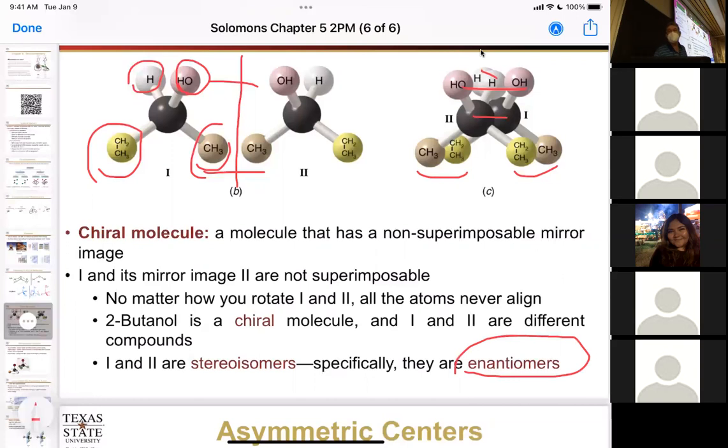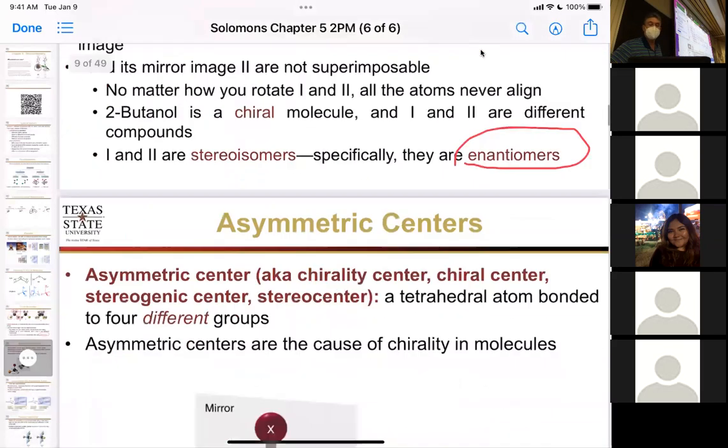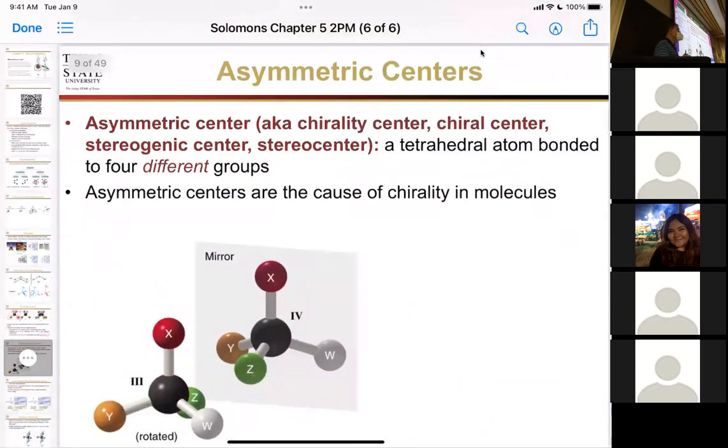So that being said, let's look at ways to find what we call asymmetric centers. Here are all the names that it could be called: chiral, stereo center, chiral carbon, stereogenic. I like chiral carbon. I like stereo center. These all mean the same thing.